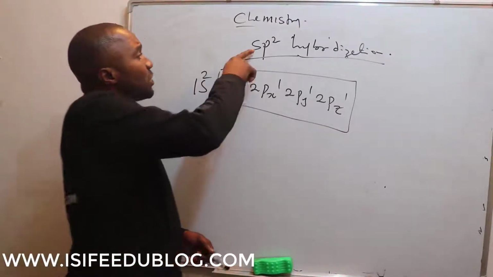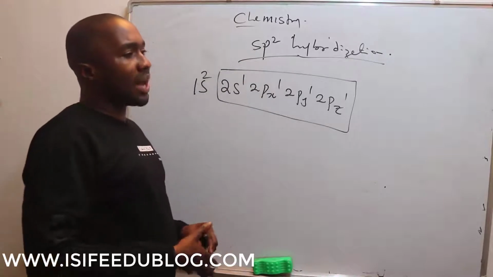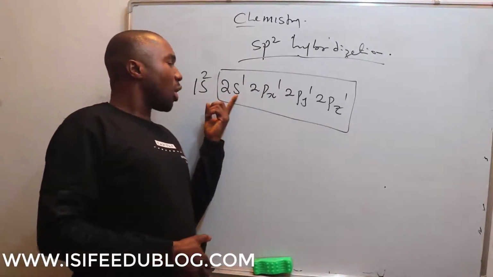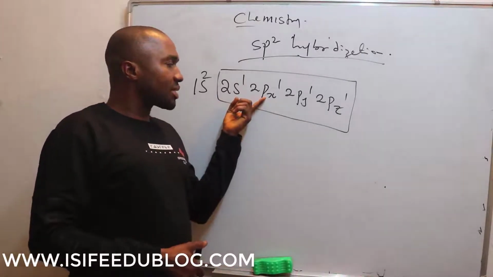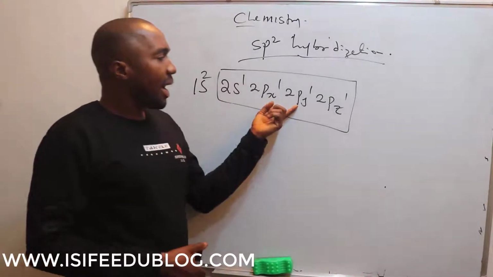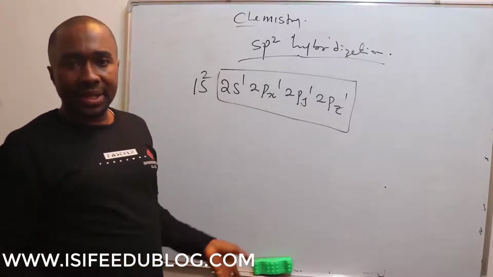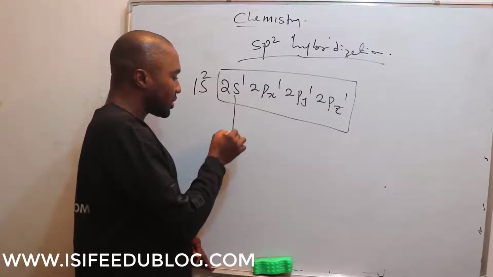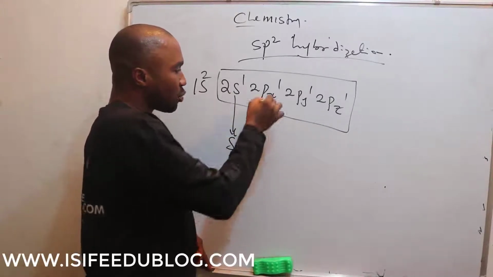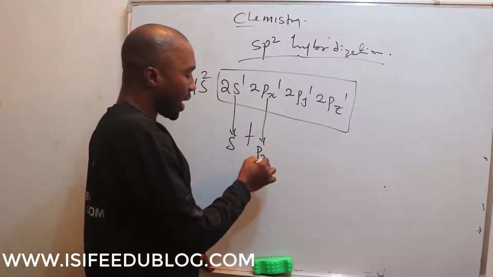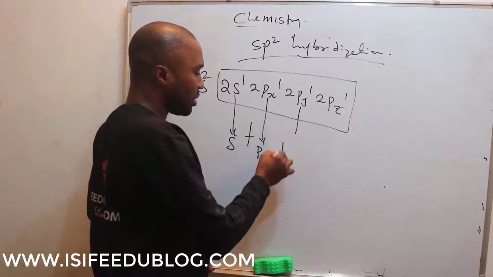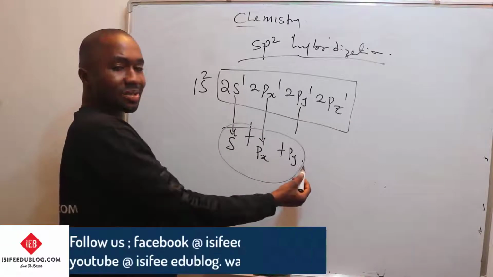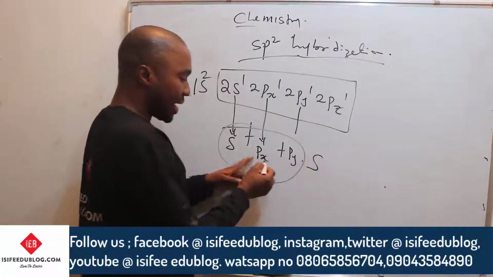So in the SP2 hybridization, the s orbital blends with the 2px, blends with the 2py, and 2pz did not partake in the hybridization. So three things mix together. That is 1s and 2p.